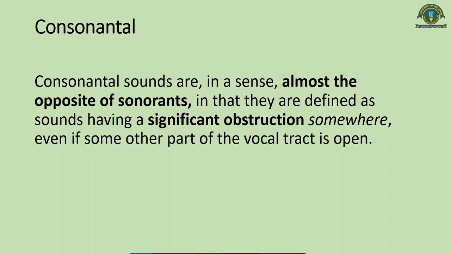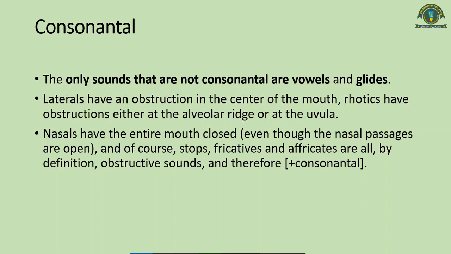Remember, in sonorants we said that the air passage will be open. The air can freely escape through the mouth or through the nasal cavity. Now in consonantal sounds there will be significant obstruction somewhere, either in the oral cavity or in the nasal cavity. So those sounds will be consonantal sounds.